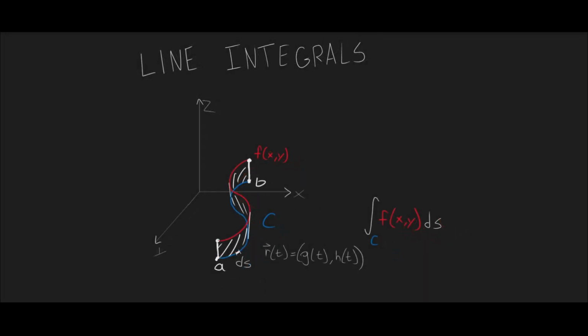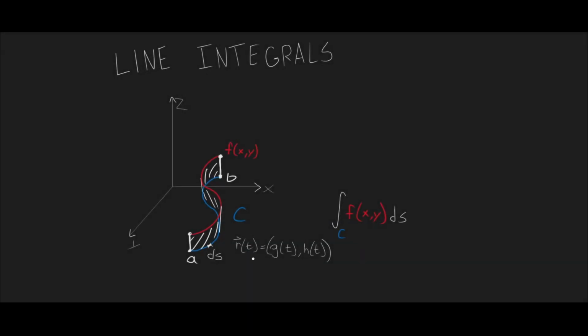And so if we want to integrate along the curve C, which runs along the xy plane, we need to parameterize the curve C. To do this, we're going to define a function r in terms of t, which will be the curve C. And it will be parameterized by t with 2 functions, g and h.